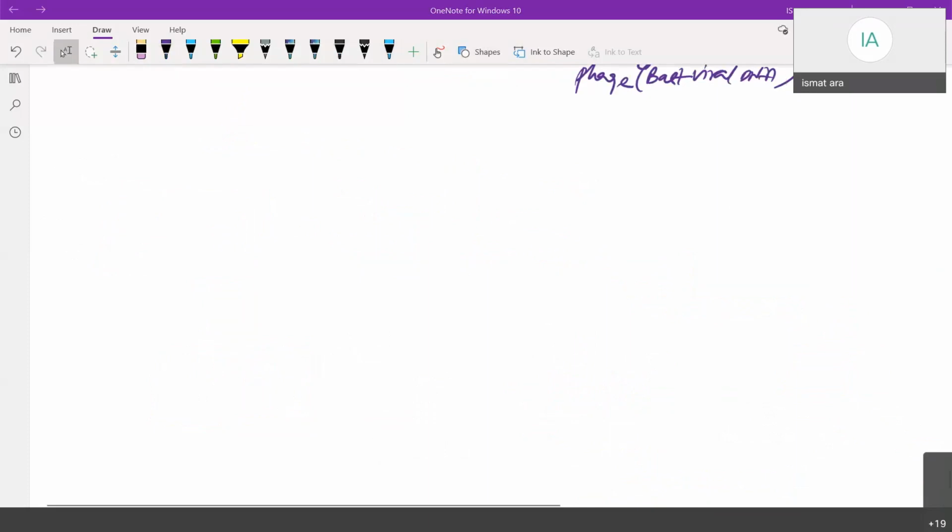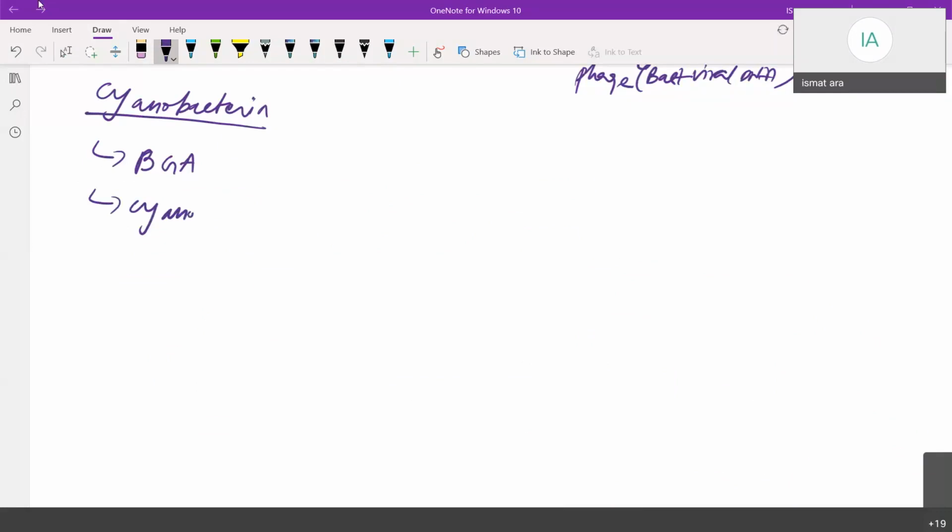Now, our next topic is cyanobacteria. This cyanobacteria is actually blue-green algae. They are BGA, blue-green algae, of the class Cyanophyceae. They are the largest gram-negative bacteria.